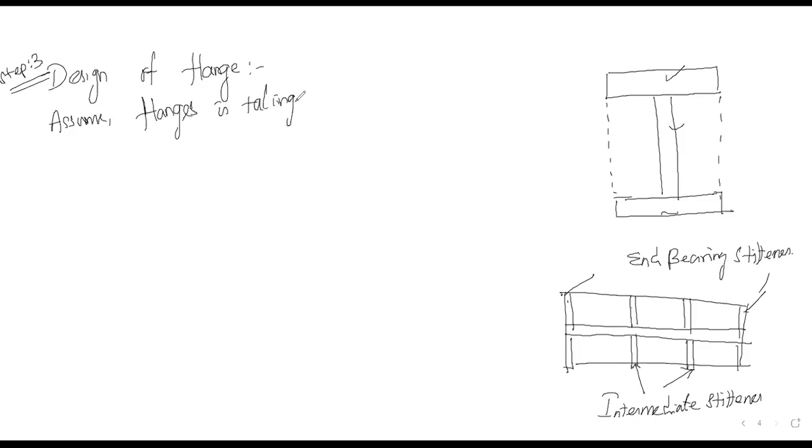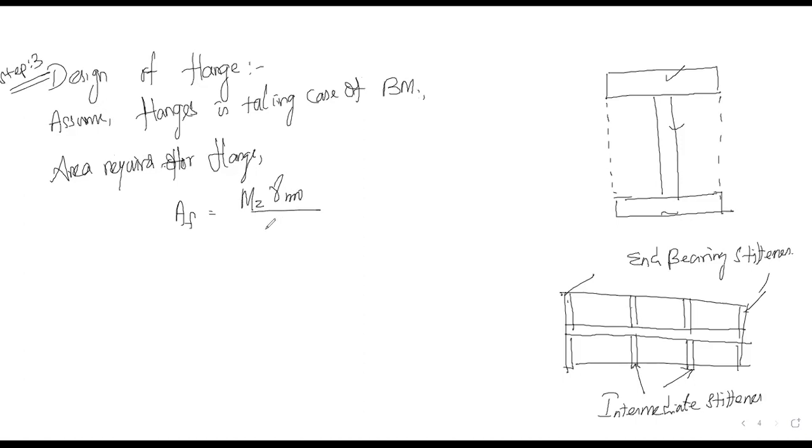The area required for flange, the formula is area of flange equal to moment into gamma m0 divided by Fy into d.